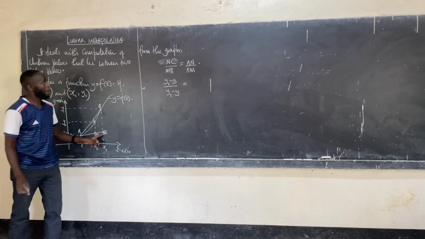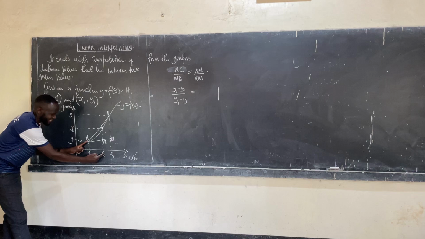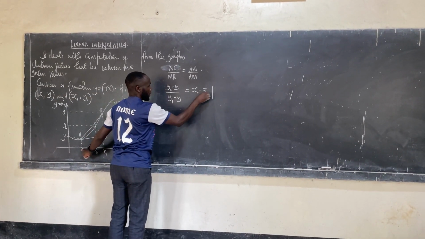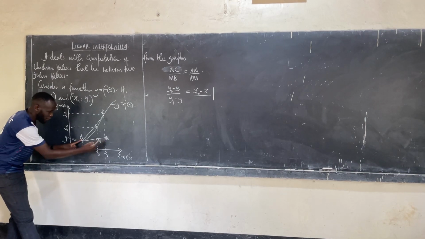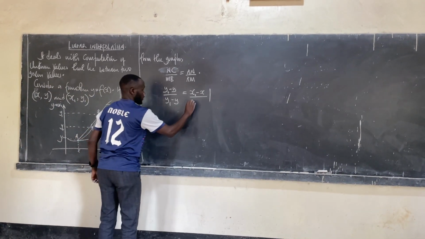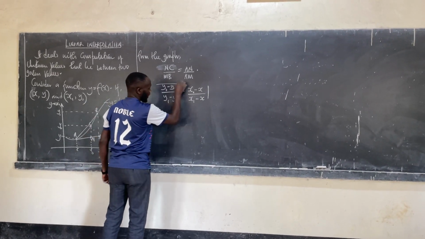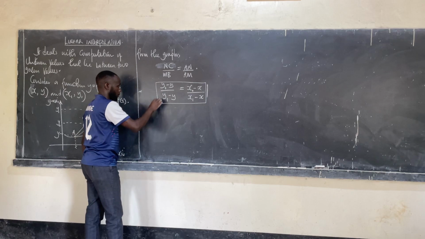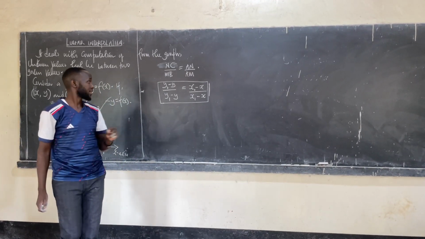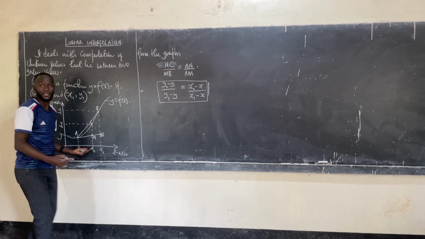This should be the same as AN, which is x0 minus x, divided by AM, which is x1 minus x still. This is the formula that we use to calculate a figure that lies in between two successive values that are given.